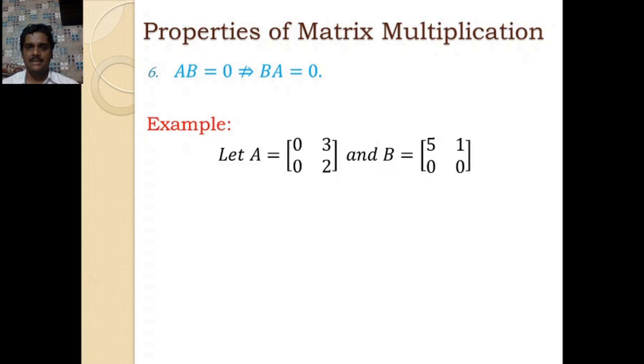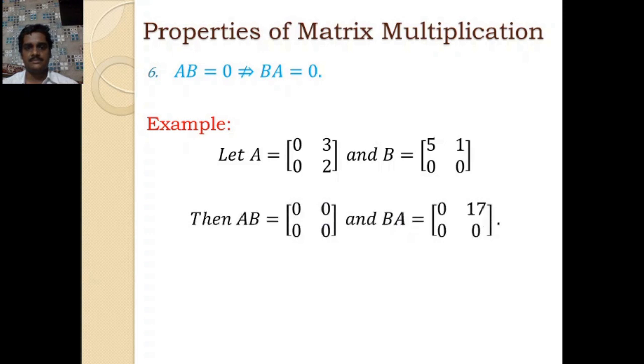I have taken the same example, the same matrices A and B. AB you have already calculated. Calculate BA. So here is your AB and BA. You can all see in this case AB is 0 but BA is non-zero. So we have two matrices such that the product AB is 0 but the product BA is non-zero.